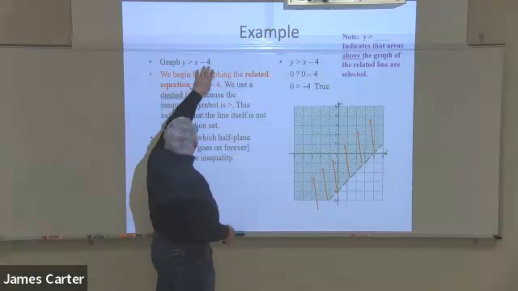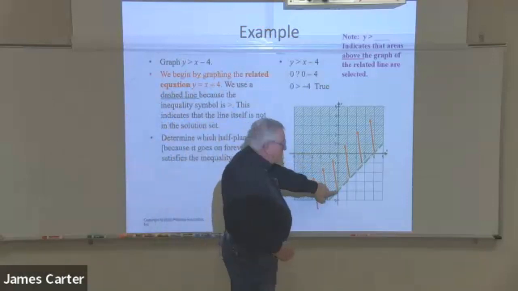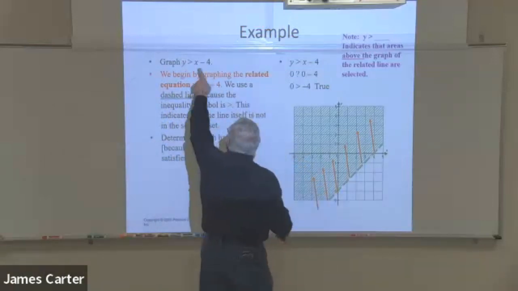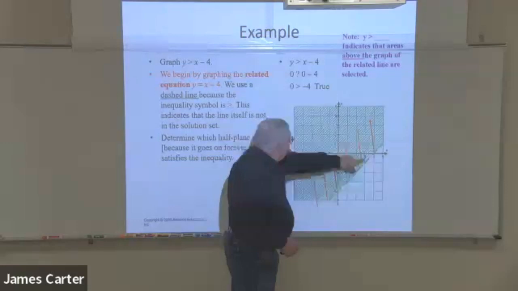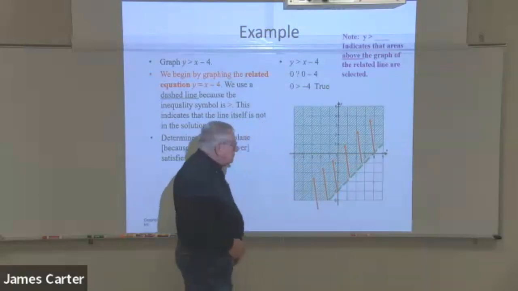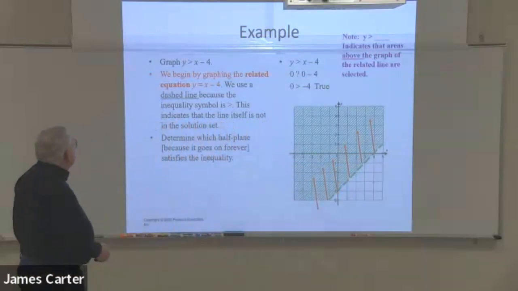Here's the line. Y-intercept is -4. Slope is 1. Up 1 over 1, up 1, up 1 over 1, and so on. Okay? So I graphed that.